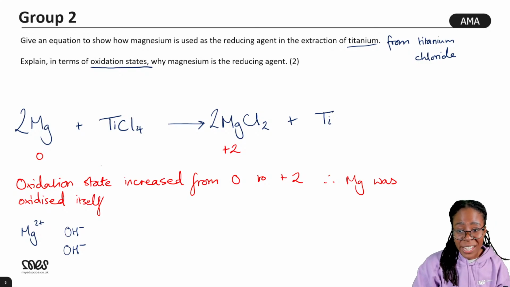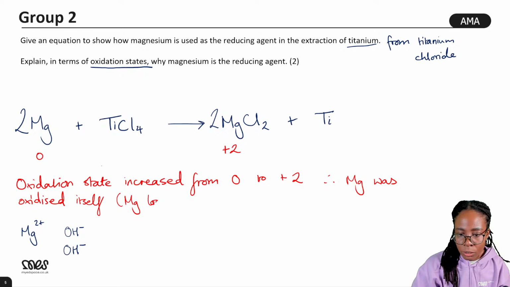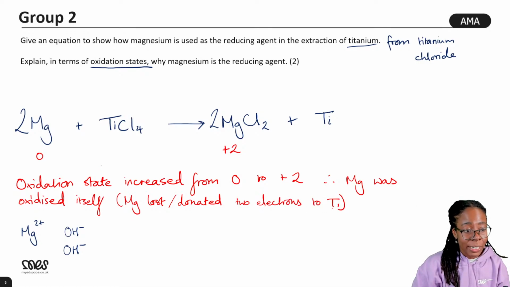Or you could have said, therefore, Mg lost, or donated, those 2 electrons to titanium. But the key here is oxidation states.